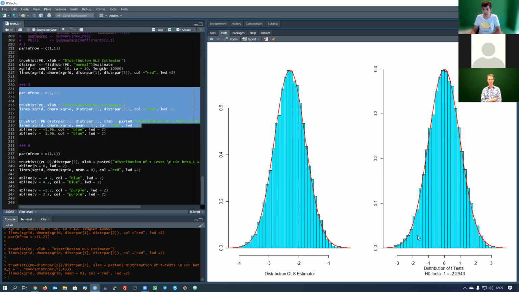And then we see the t-test, well, it's distributed as, in this case, a standard normal distribution. So it's centered around 0, as you can see here. And the largest values we obtain are somewhere around +3, and the smallest values are somewhere around -3, a little larger in absolute value.